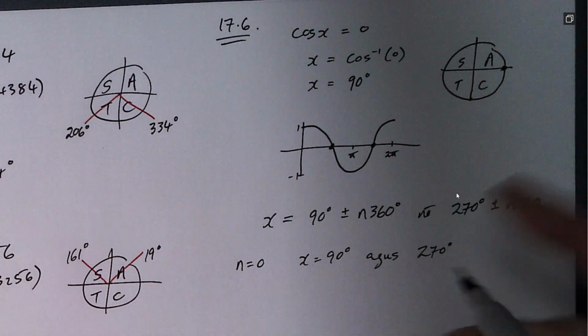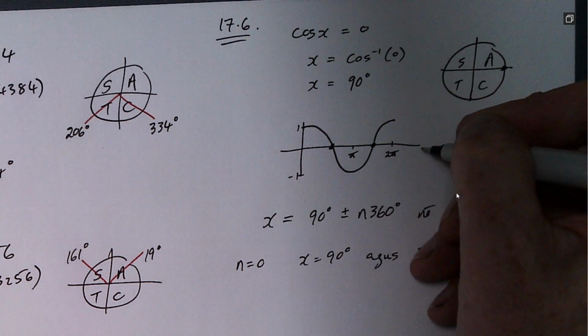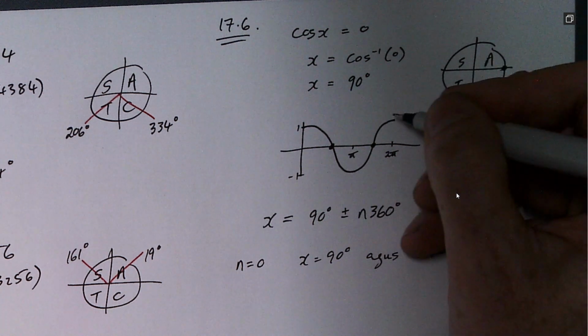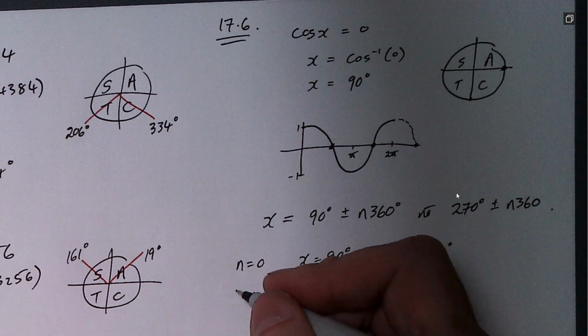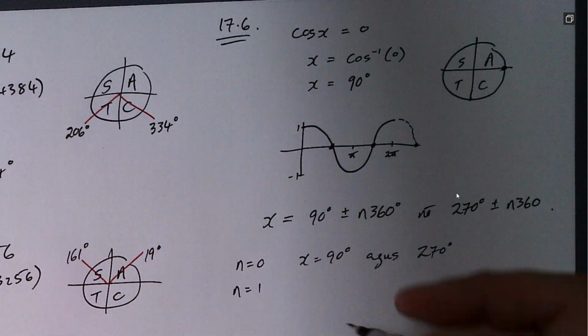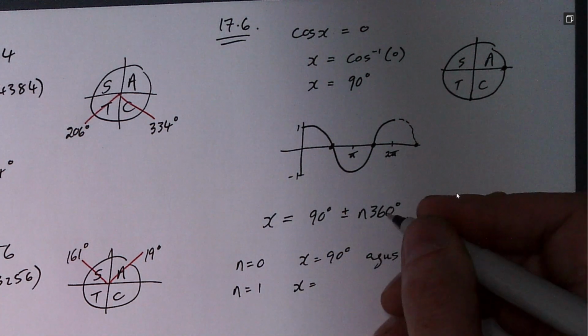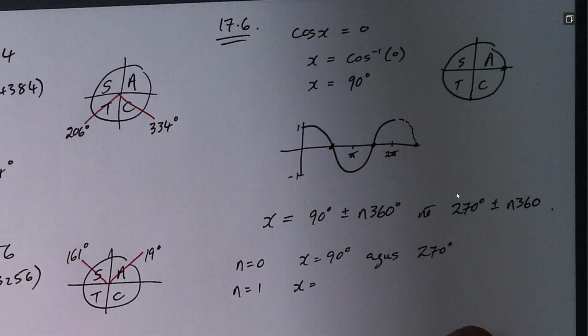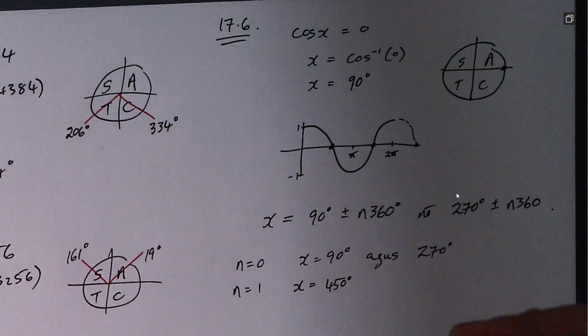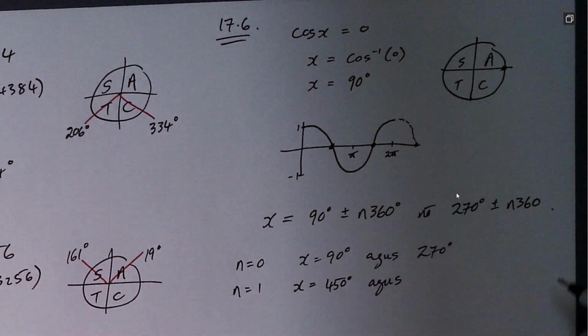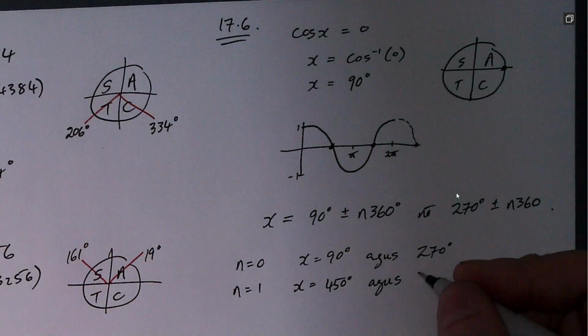Now what happens on the graph when it reaches 0 again? When n equals 1, x will be 90 plus 360, which is 450 degrees, and the other will be 360 plus 270, so 630 degrees.